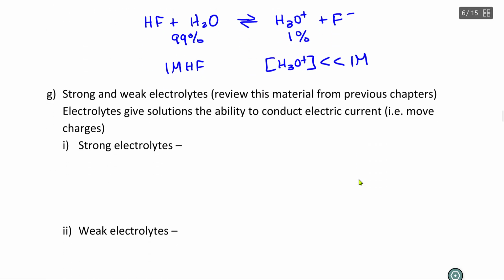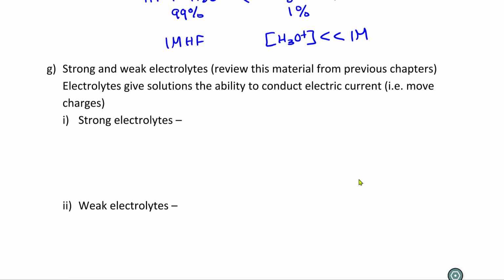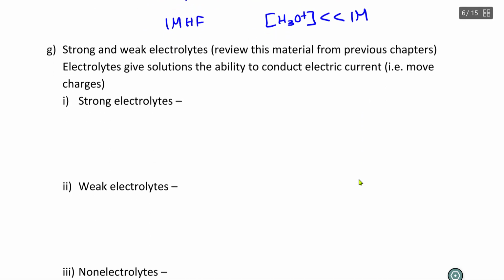Now, remember, ions are what make solutions conductive to electricity, and we have these terms. Again, this is a review: strong and weak electrolytes. The strong electrolytes are the soluble salts, so soluble ionic compounds, and strong acids.